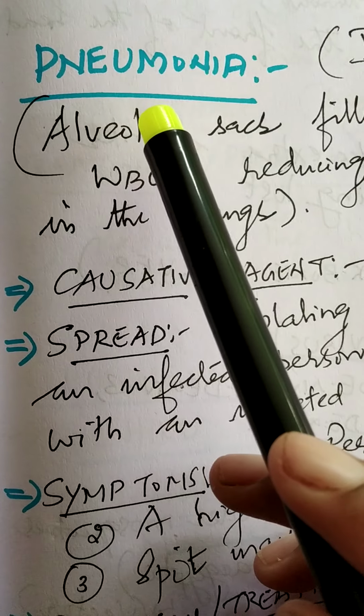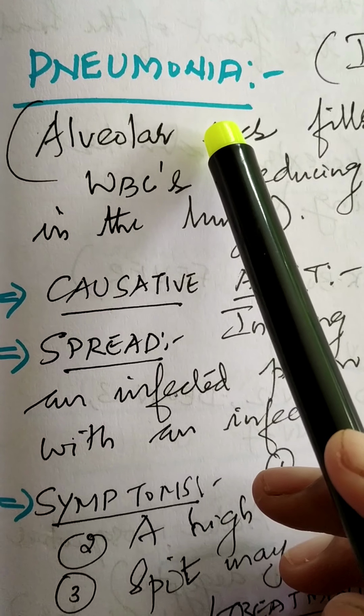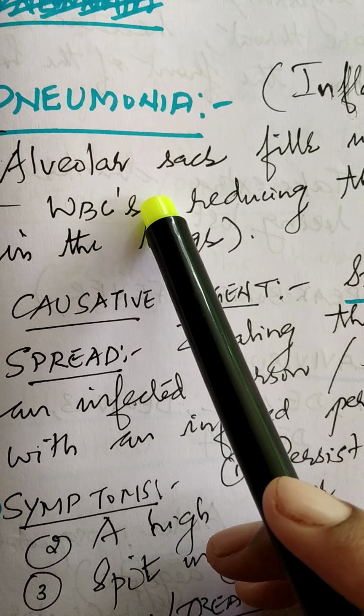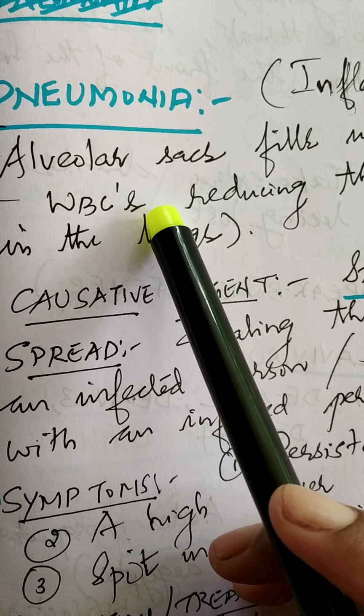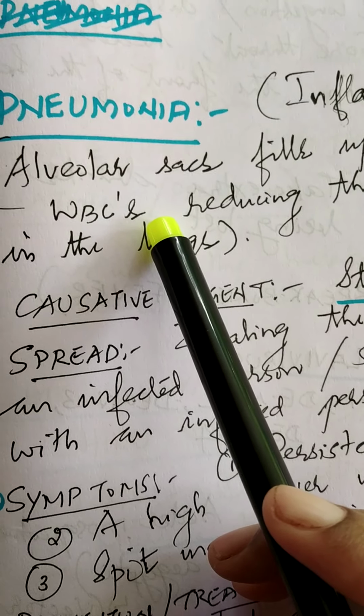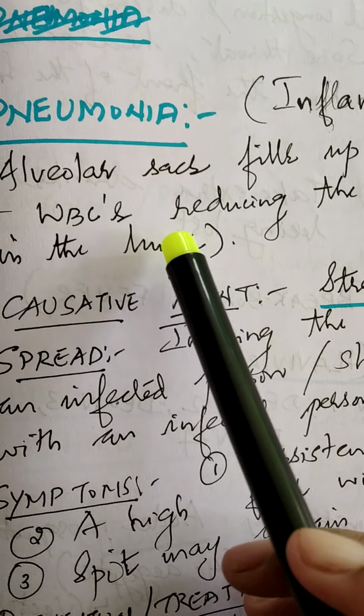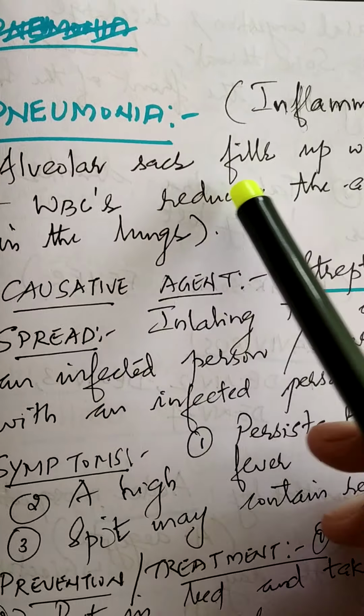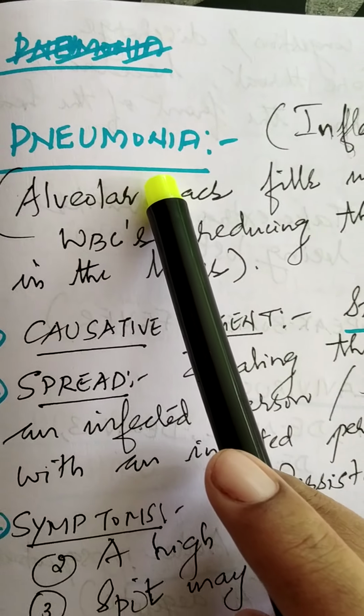So, in patients suffering from pneumonia, the alveolar sacs get filled up with fluid as well as dead white blood cells, thereby reducing the space inside the lungs. So, that is what is happening in pneumonia.